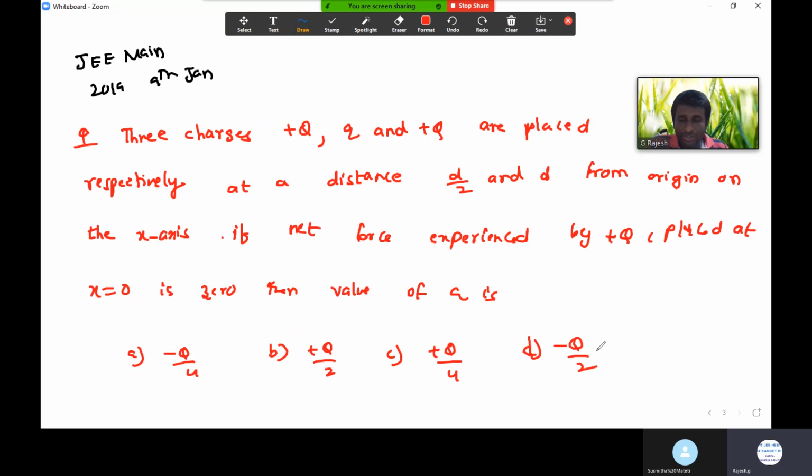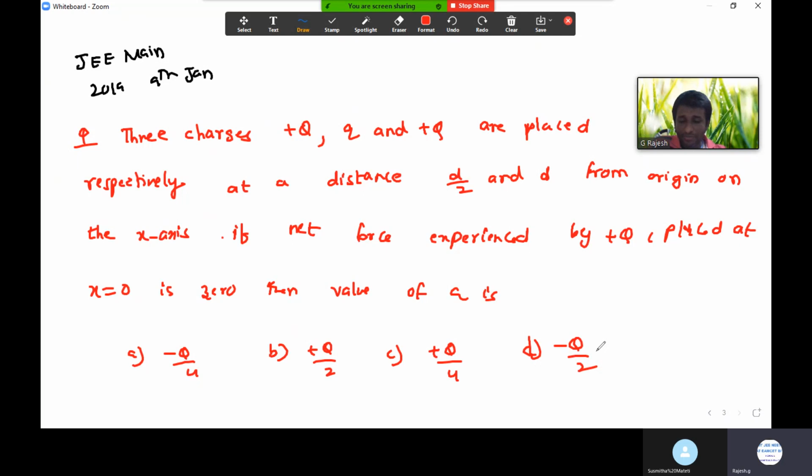I am again repeating the question: three charges plus Q, q, plus Q are placed respectively at a distance d by 2 and d. The net force experienced by the positive charge plus Q placed at x equal to 0 is 0. The value of q is?